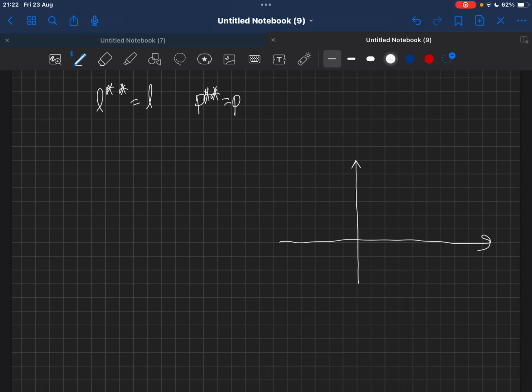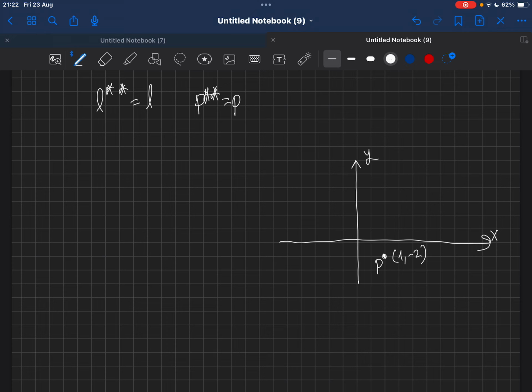So this is the point, let's say it is here. This will be called P. This is the primal point with 1 for the x-axis and minus 2 for the y-axis.